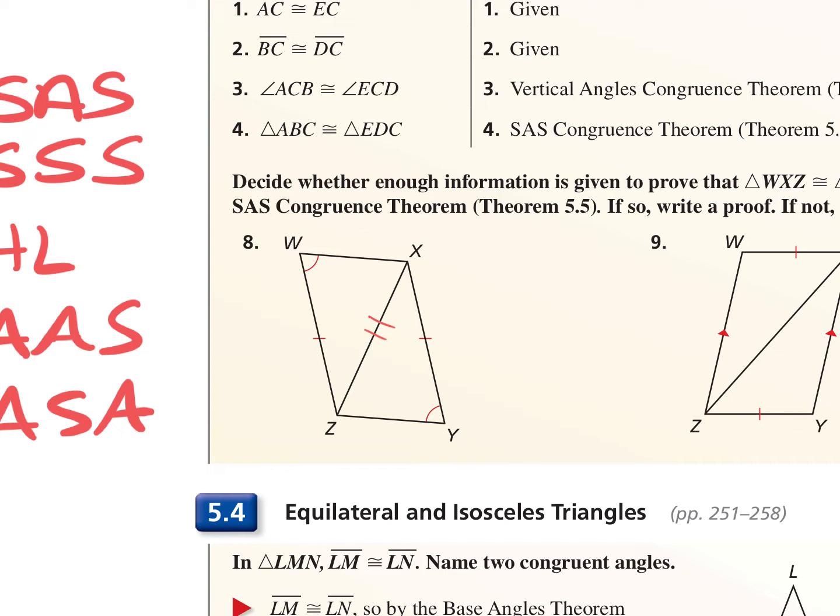However, this is not enough information because in order to use side angle side, the angle that would have needed to have been marked would have been this one down here and this one up here. So the way it's pictured, there is not enough information to prove that these are congruent. So not enough on this one.